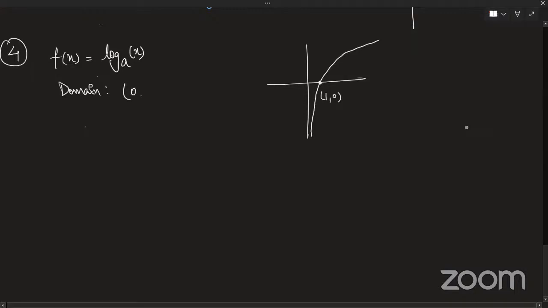It is 0 to infinity. You can see that starting from 0 to infinity, your curve is plotted. Right, everyone? So you could have told it from the graph also. I have given you the graph. So starting from 0 to infinity, that is its domain.